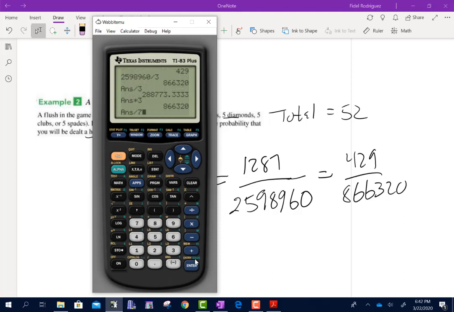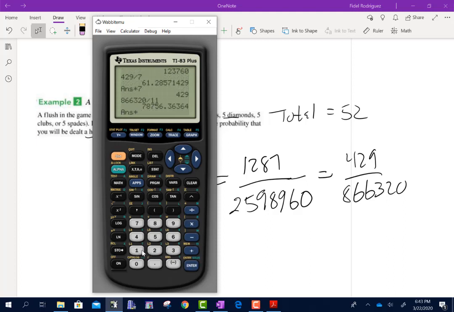If 3 doesn't work, let me try 7. 7 worked on the bottom, but I don't think 429 can be divided by 7. So 429 divided by 7. No, it doesn't. So, can I divide 866,320 by 11?